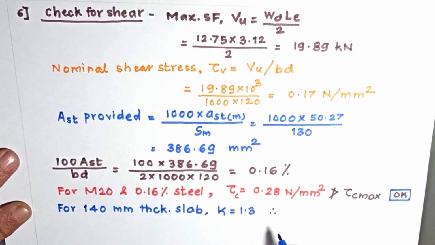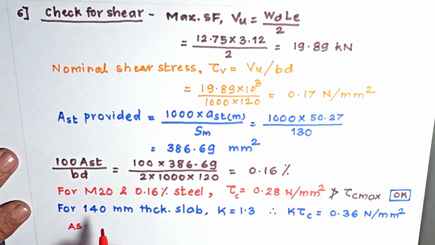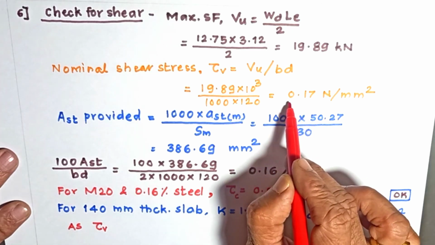Therefore, K times tau C, that means this tau C multiplied by K, okay, will become 0.36 Newton per mm square. Okay. Now you can very easily see that as tau V. What is tau V? Tau V is 0.17.